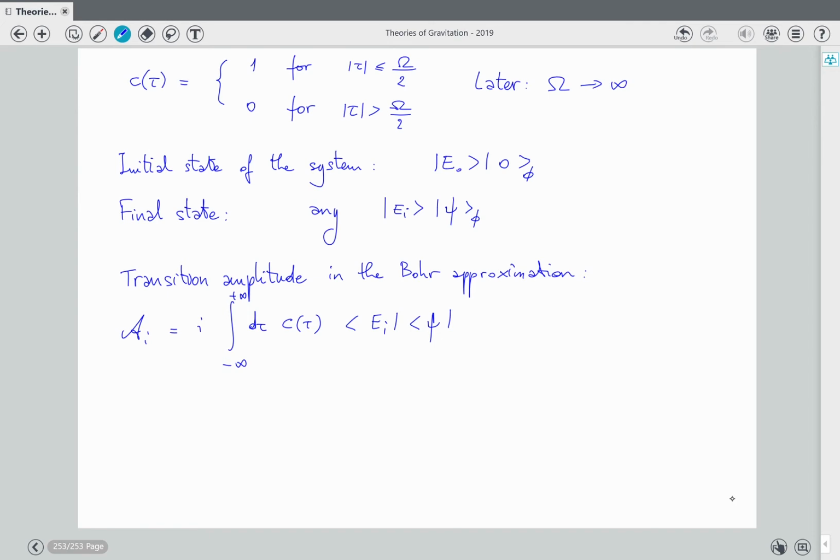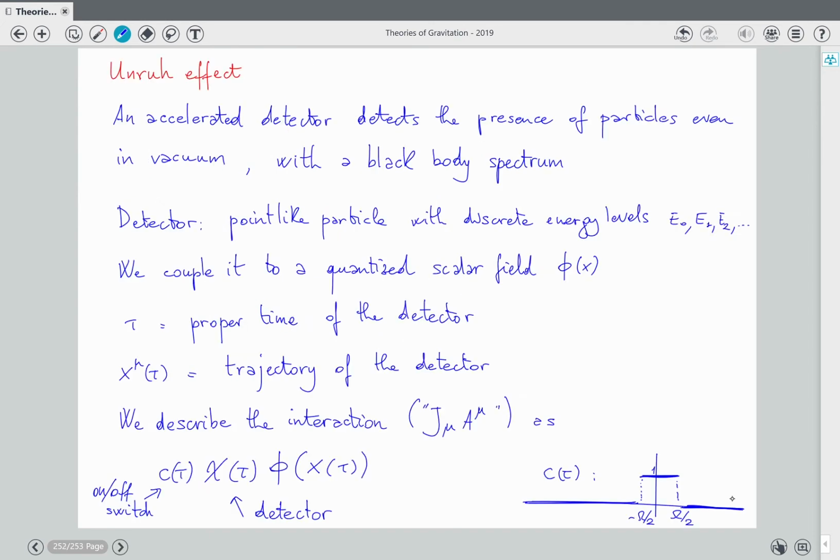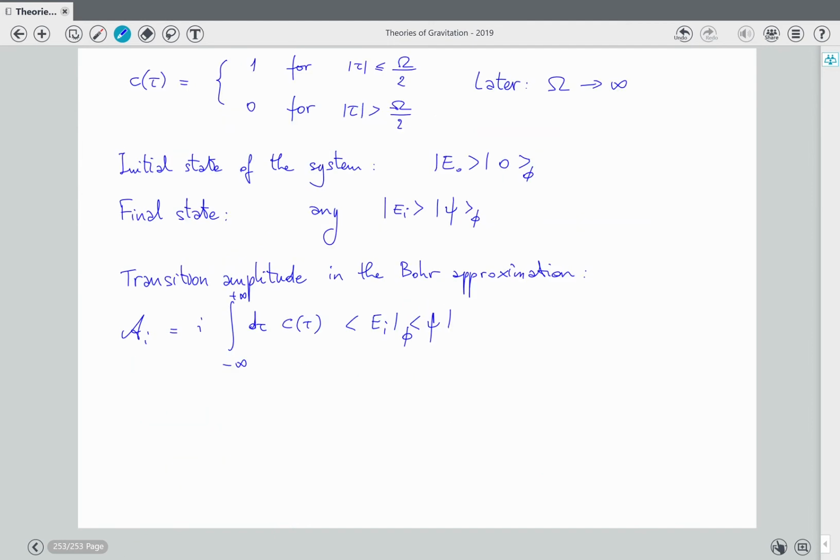This average. So the interaction was c of tau, chi of tau, phi of x of tau. So this is the interaction, d tau if you want, because that's an interaction per unit time, average between the final state and the initial state.